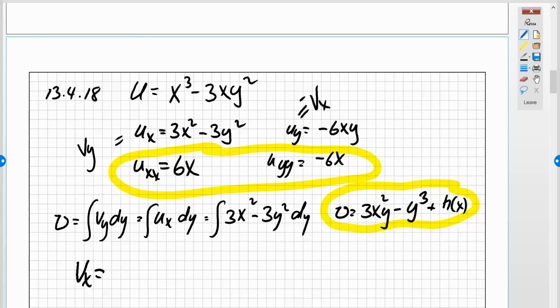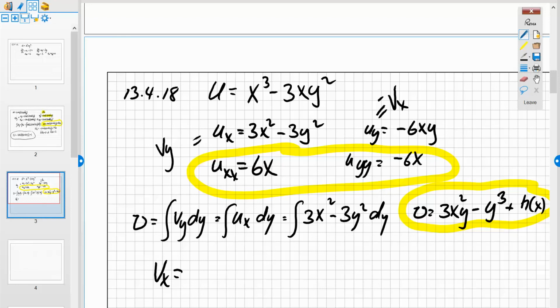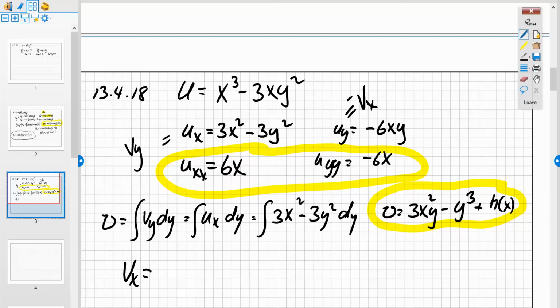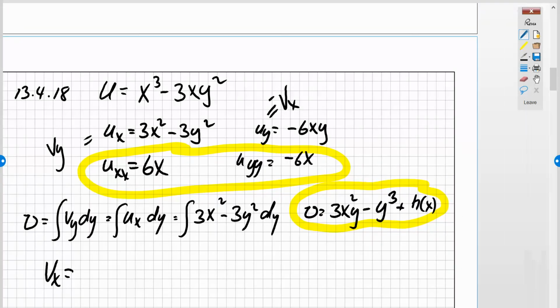So vx is equal to 6xy from this term over here to the right. That's our only term with respect to x. And over here, minus vx is minus 6xy. So vx must equal 6xy.